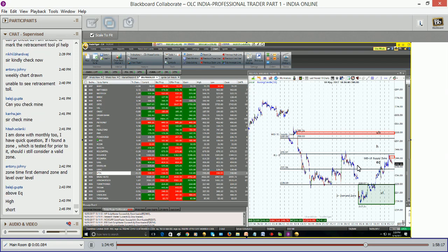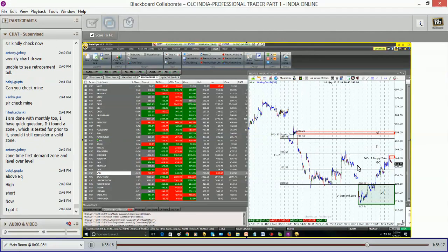You're looking to buy at the higher end of the curve, short, but you've marked a demand zone in your lower time frame is what I saw. Now you got it. So that's your mistake. Can you change it, please?